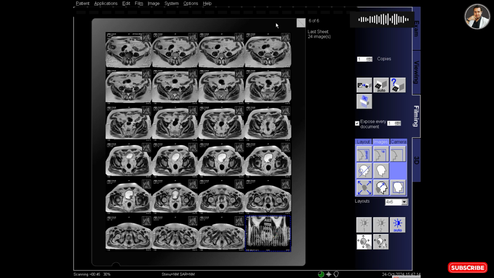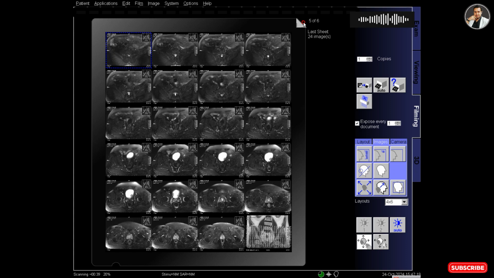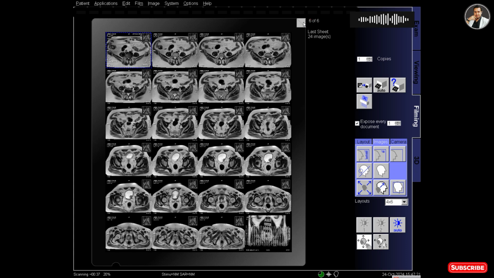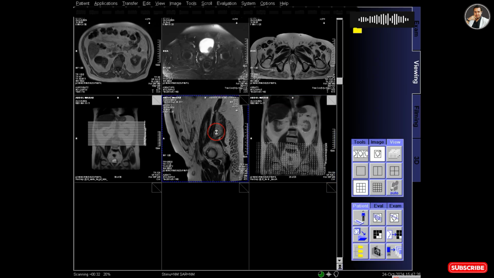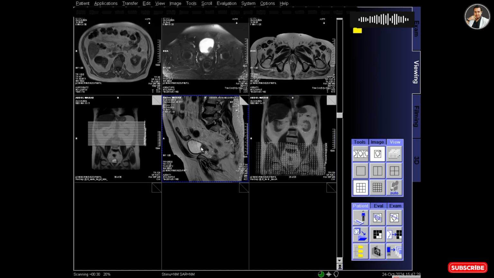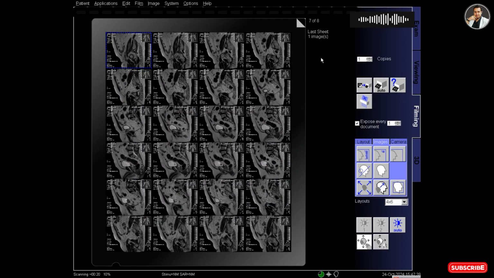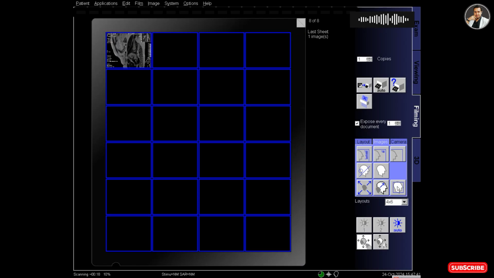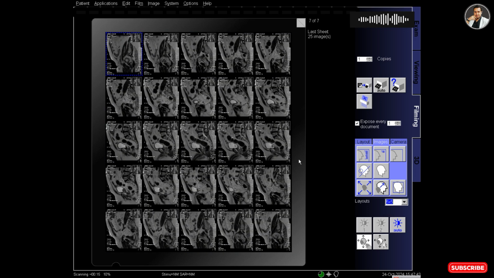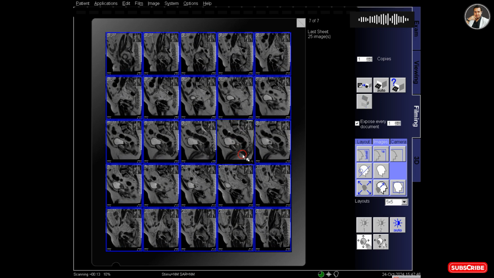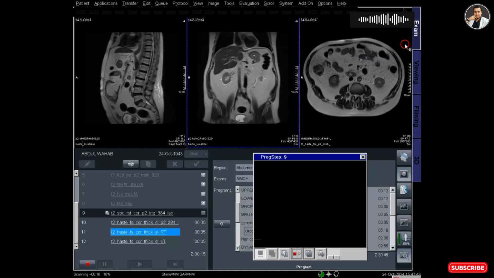So now the 3D sequence is running, and in the meantime I am preparing my films, because a 3D sequence sometimes takes 4 to 5 minutes to finish. And now it's T2 sagittal. In the sagittal image you can see that there is a mass inside the urinary bladder, and select the series and send it to the filming. And for the sagittal image I have to select the 5:5 layout so that the 25 images fit in the film.